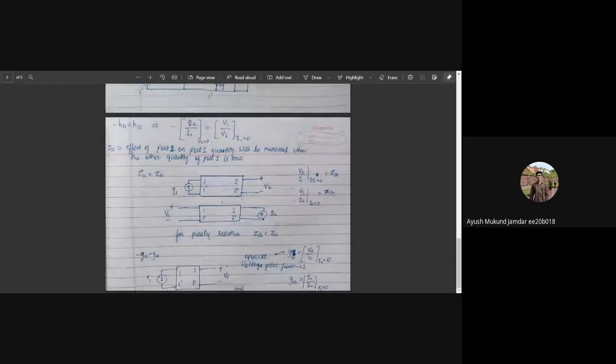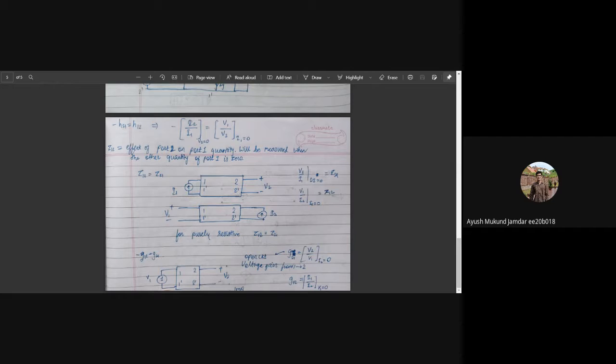Again, going ahead, how reciprocity can be applied. I just said H21 is minus of H12 in the first example. What does it mean? H21 is I2 by I1 when V2 is equal to 0, and H12 is V1 by V2 at I1 equal to 0.